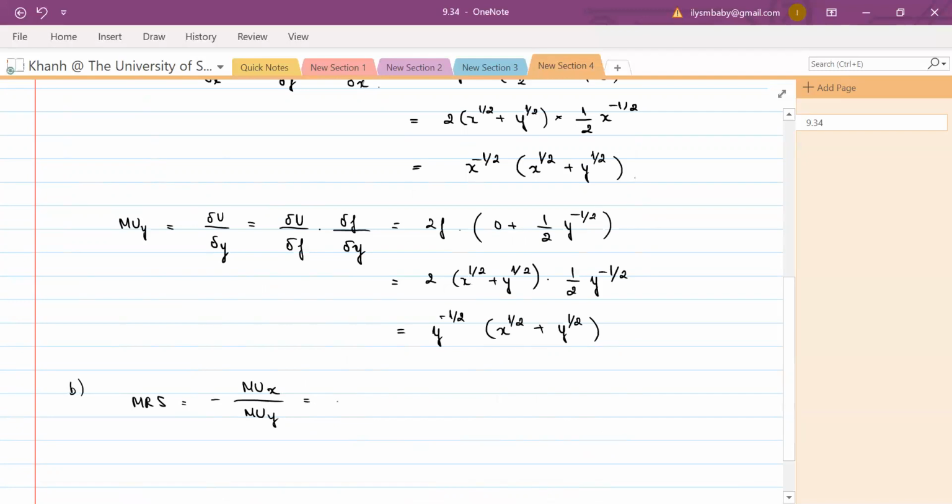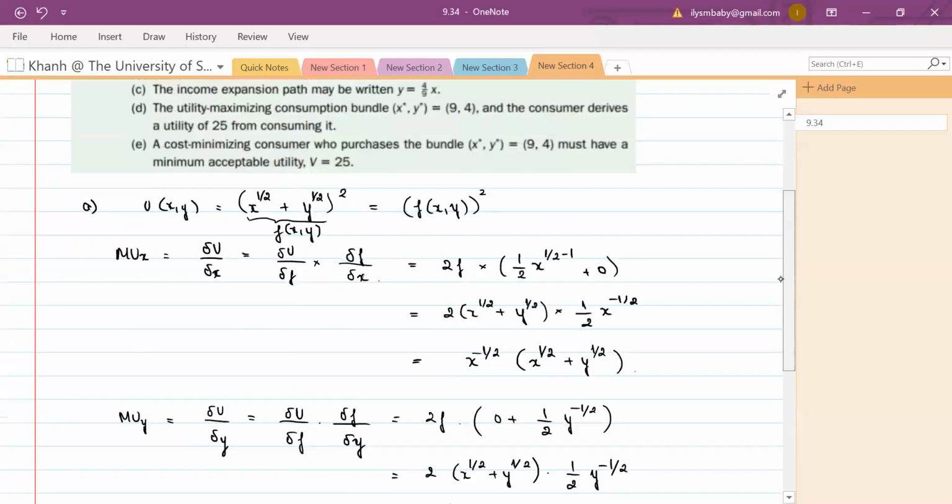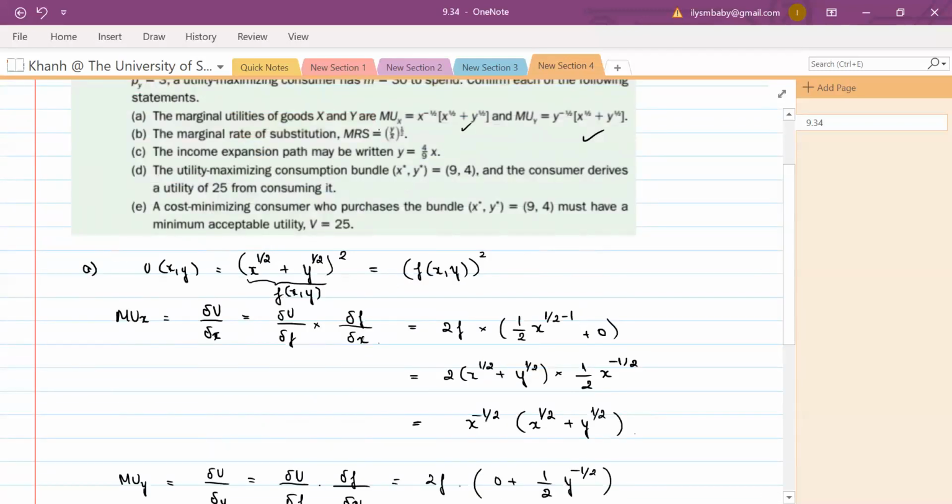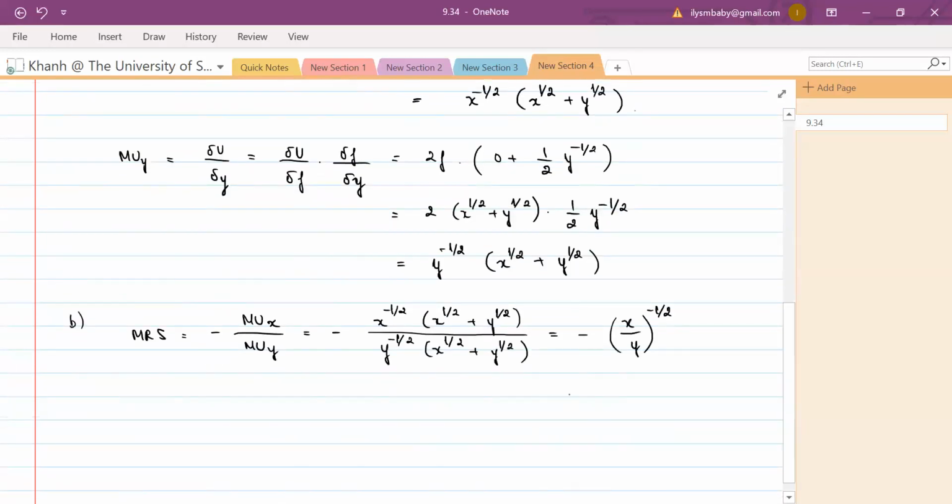Noting the negative sign, that is x to the power negative half times (x to the power half plus y to the power half), divided by y to the power negative half times (x to the power half plus y to the power half). The terms inside the bracket cancel out, and what I have left is x over y, everything to the power negative half, which is what the question asks you to find. They swap it to make it y over x.